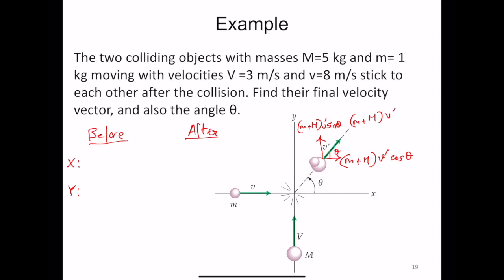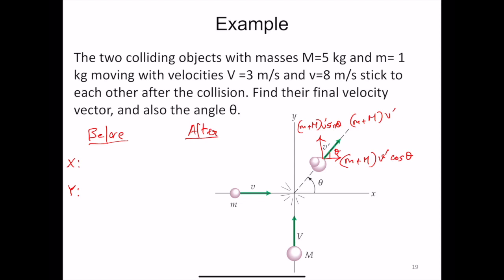All right, so now I'm ready to apply conservation of momentum, because every vector is either along the x or y direction, or it's been broken up into components along the x and y directions. Let's do the x direction first. What is the total momentum in the x direction before the collision?